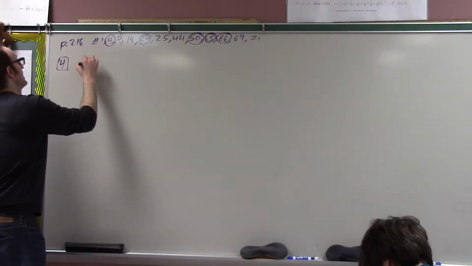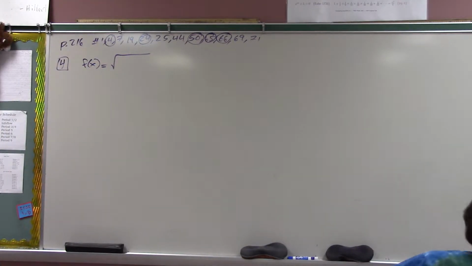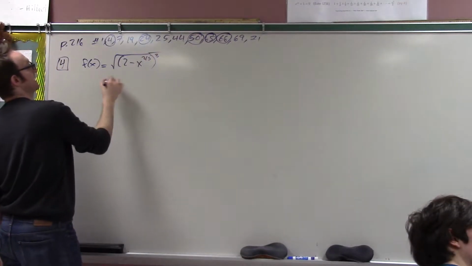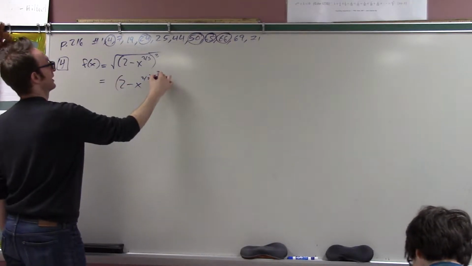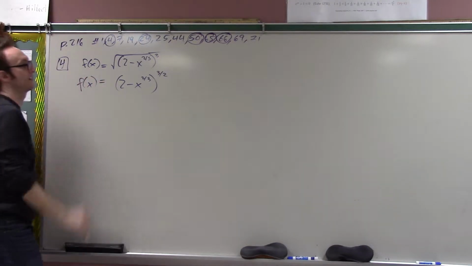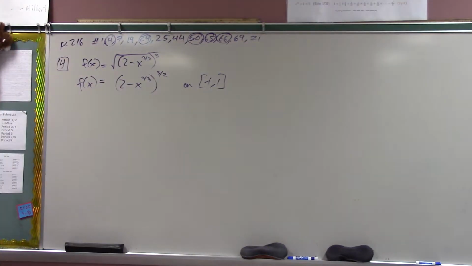The function was written as the square root of (2 minus x^(2/3))^3, which is the same thing as (2 minus x^(2/3))^(3/2). And they were asking about this function on the interval [-1, 1].